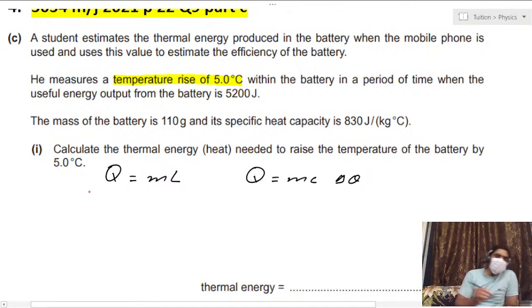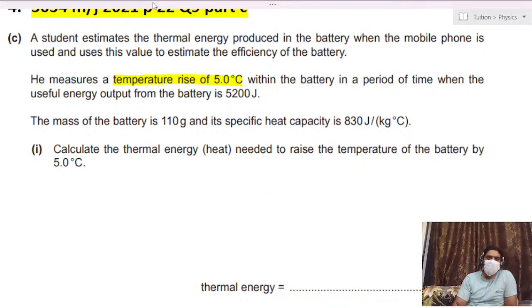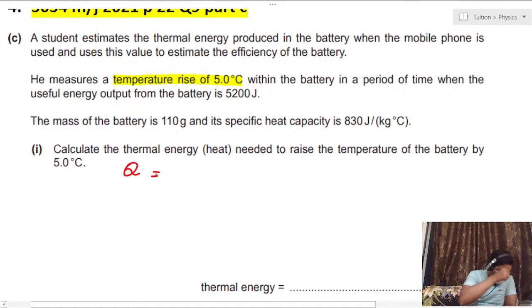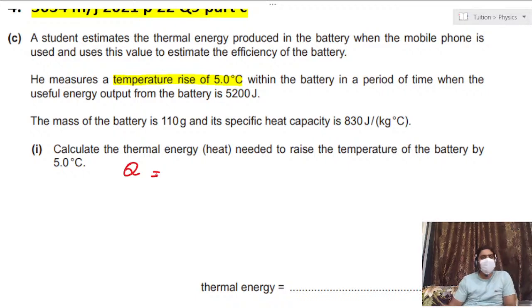Because it says that the temperature rises, it means it is a temperature change problem. So I'm going to rewrite it: the temperature change problem, because in this question the temperature changes, the state doesn't change. Yeah, thermal capacity.